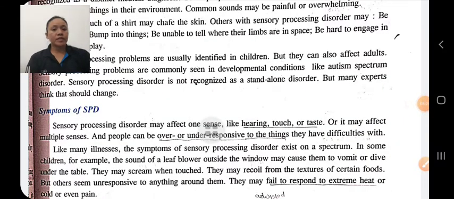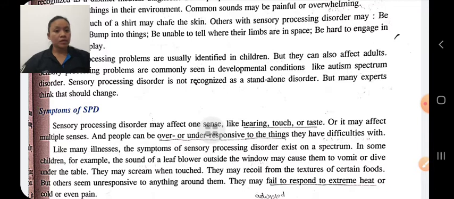In sensory processing disorders, his senses are no longer responding, like hearing, touch or taste.